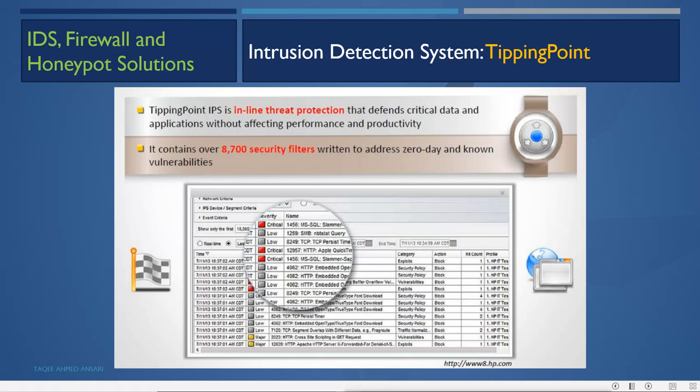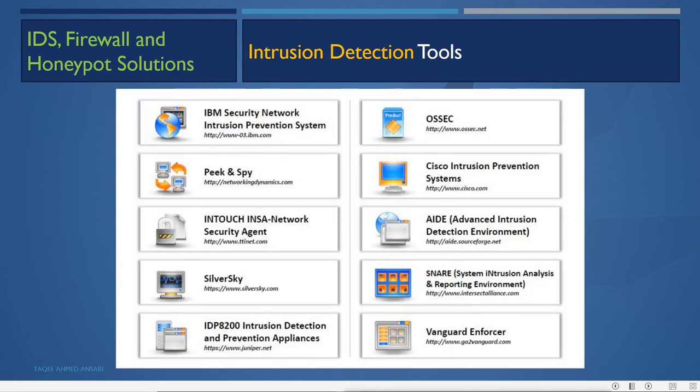Just like that, this is a graphical tool where it has different vulnerability signatures and filters available, and it can do inline threat protection. Then just like Snort and TippingPoint, we have other intrusion detection system tools also available. We can use these other tools depending on our type or requirement.